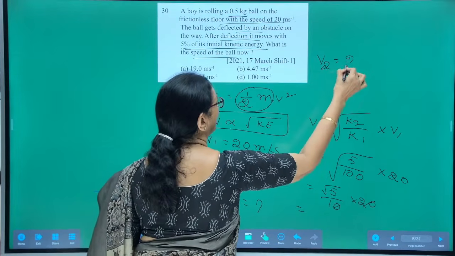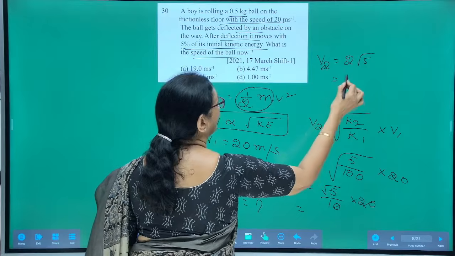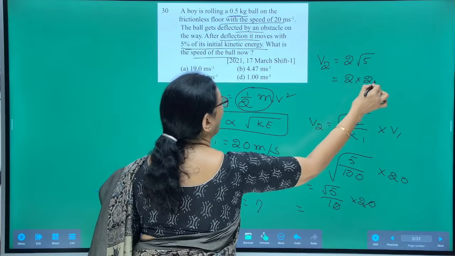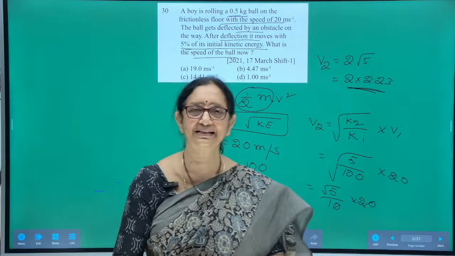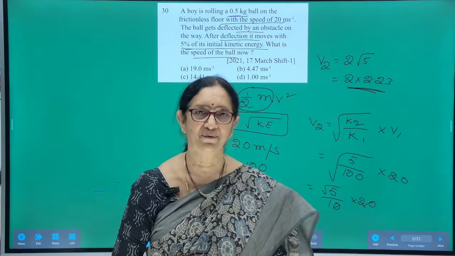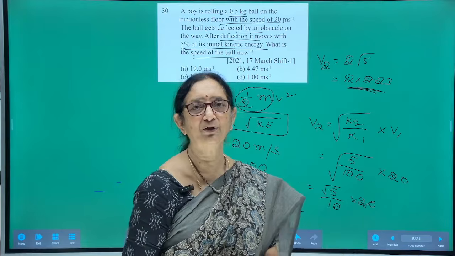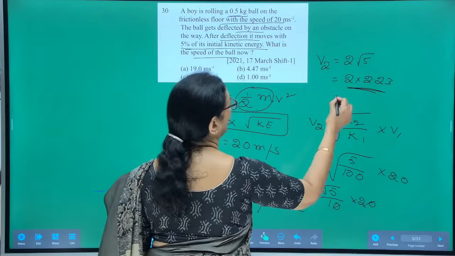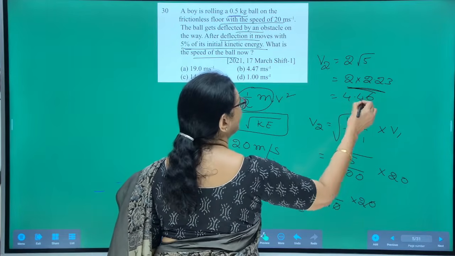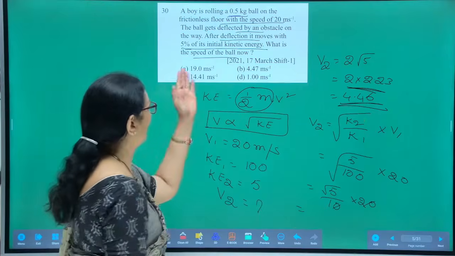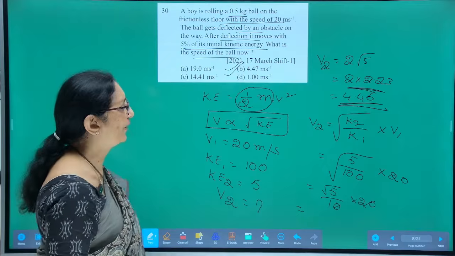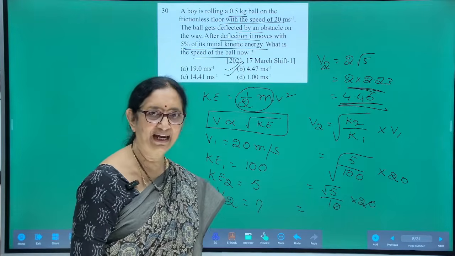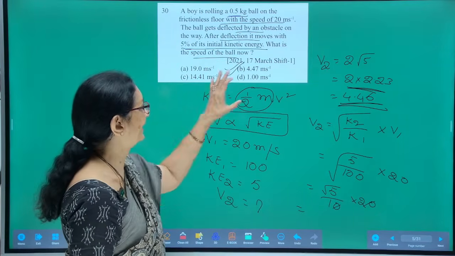V2 is equal to 2 root 5. Root 5 is 2.23 something, isn't it? 2.2 squared is 4.84, so approximately 2.23. Into 2, this is roughly 4.46. So, pick out the correct option from this, very obviously 4.47. Okay, that is the right option.